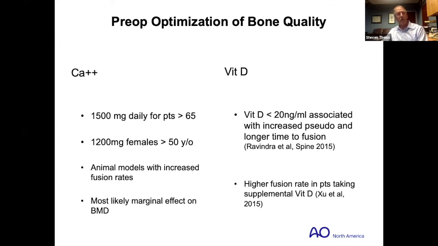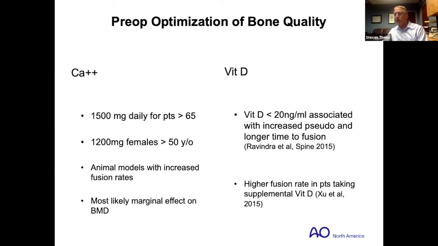And he defined vitamin D deficiency, and this is how it's defined, as vitamin D less than 20 nanograms per milliliter. And he found that in the vitamin D deficient patients, controlling for all the other variables, they had an increased pseudarthrosis rate and a longer time to fusion. So, that shows that vitamin D supplementation is important.